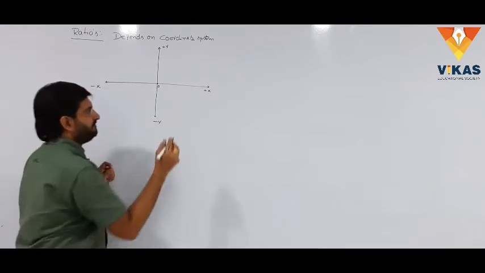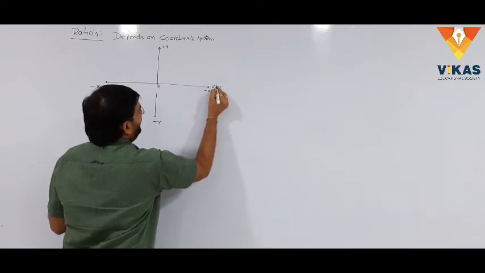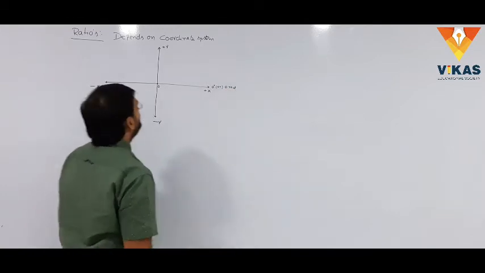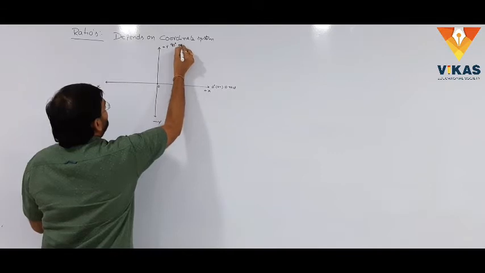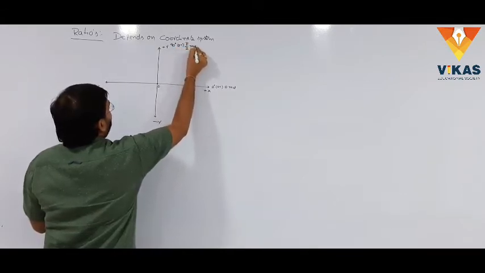One more discussion. 0 degrees or 0 radian. This is 90 degrees or pi by 2 radian.